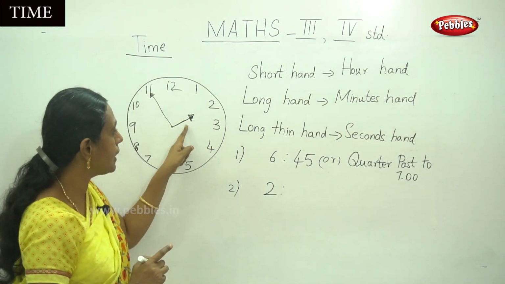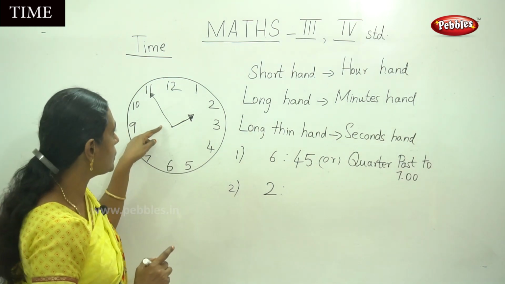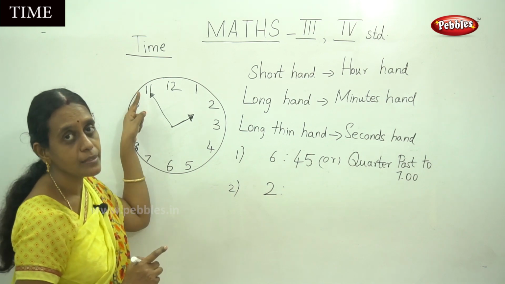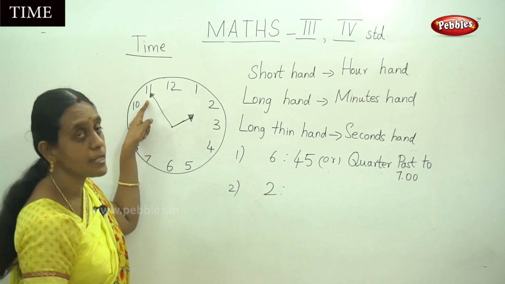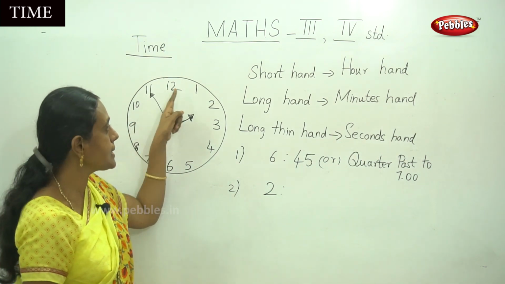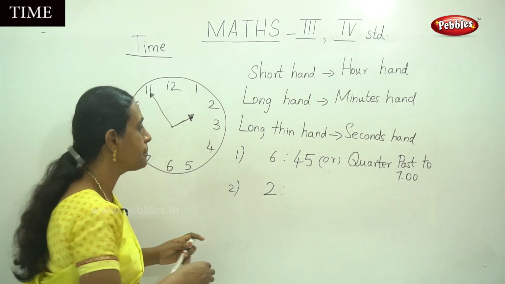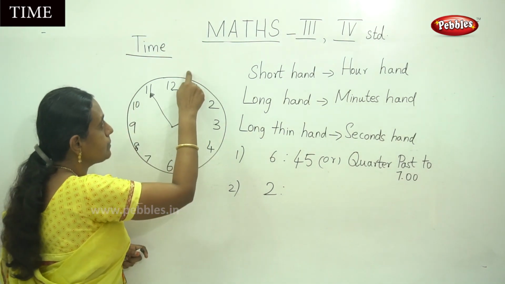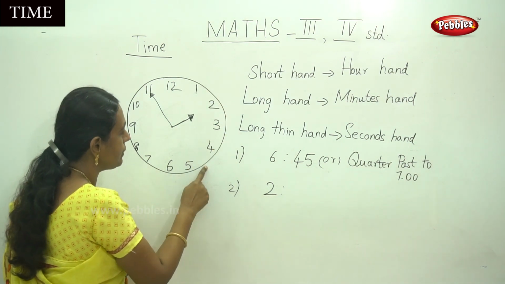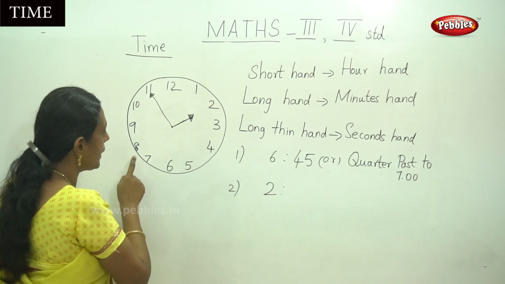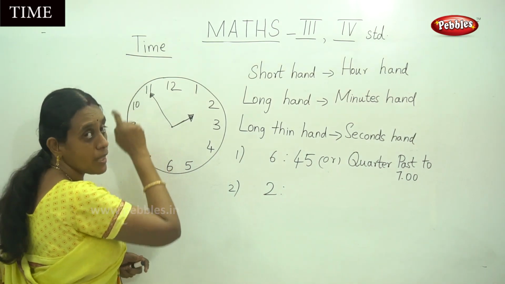The hour hand, that is the shorthand, shows 2. Now count the longhand. The longhand now shows the number 11. By saying the skip counting of 5 or the multiplication table of 5, count the minutes. That means 5, 10, 15, 20, 25, 30, 35, 40, 45, 50 and 55.